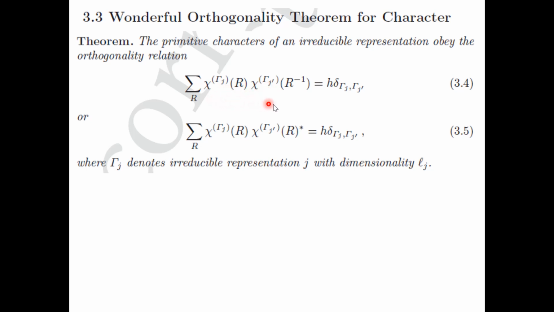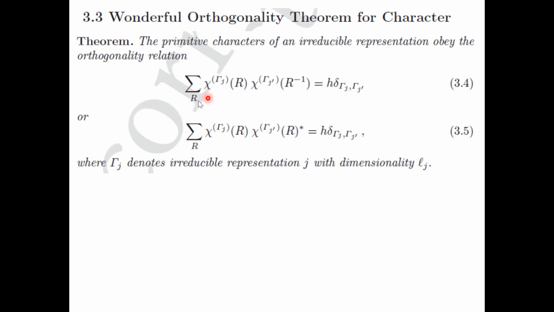If you do this sum of characters, chi of r and chi of r minus 1, the inverse of r, then the sum is 0 if gamma j is not equal to gamma j prime, if you have two different representations. And if you have the same representation, then this sum is equal to h, where h is the order of the group.